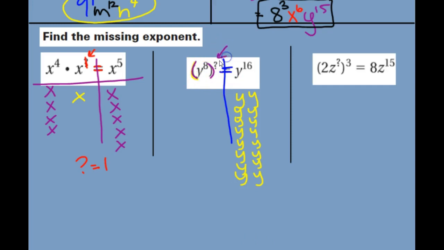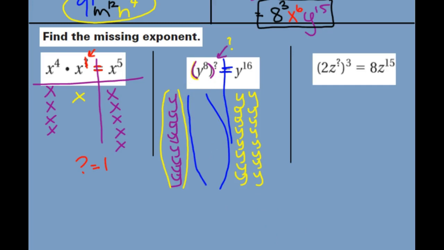I need to know how many groups of 8 y's do I need. So if I already have 1, 2, 3, 4, 5, 6, 7, 8, this is one group of 8. How many groups of 8 do I need to get to 16? Well, I need one more group, right? I would need 8 more y's in here.